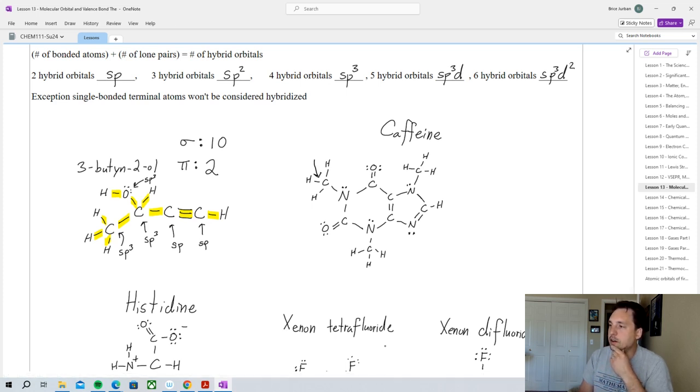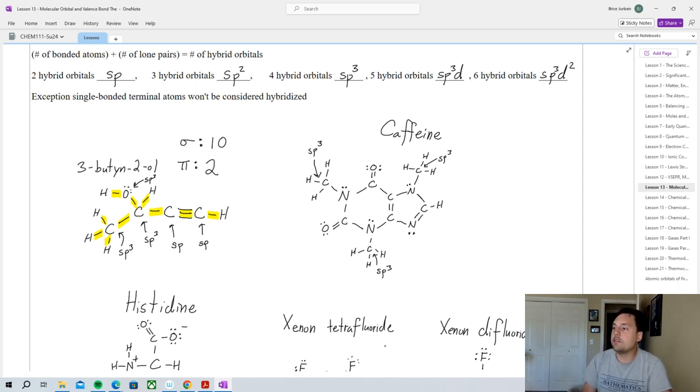So this carbon on the outside has 4 atoms attached, 3 hydrogens and a nitrogen. So this is going to need sp3 hybridization. That's going to be the same case for all of these terminal carbon groups. These are called methyl groups. They resemble methane, but they're like a substituent group, so they're called a methyl.